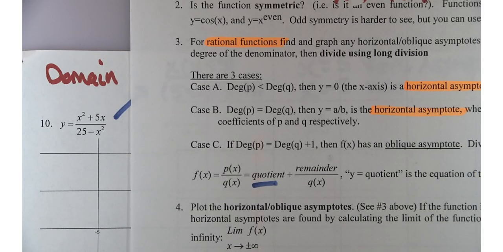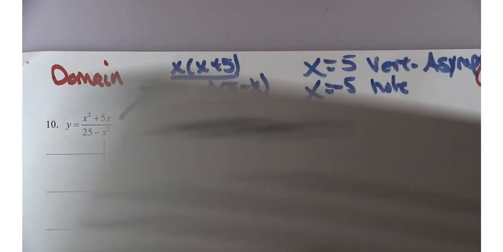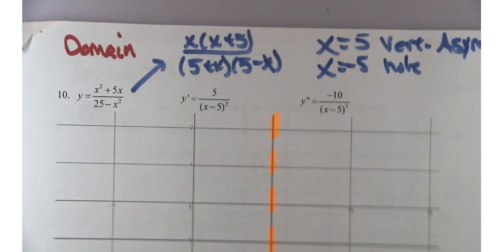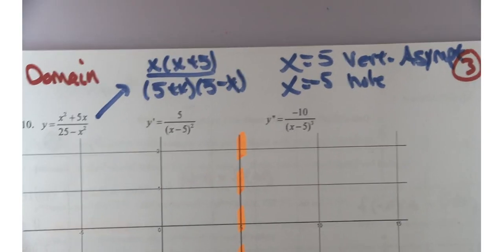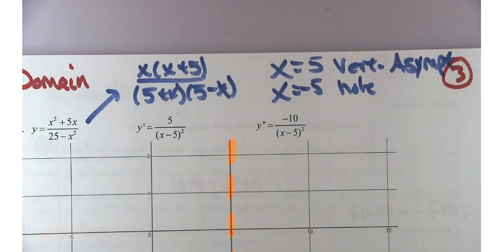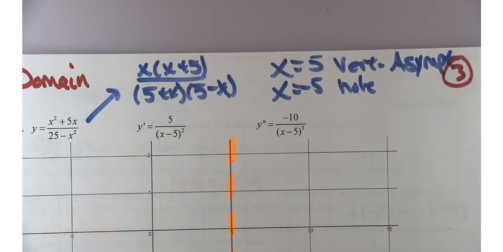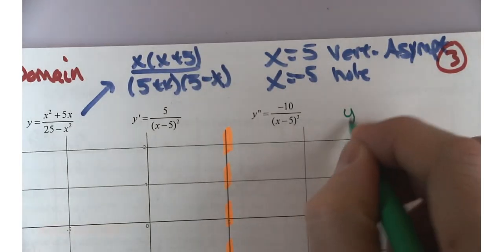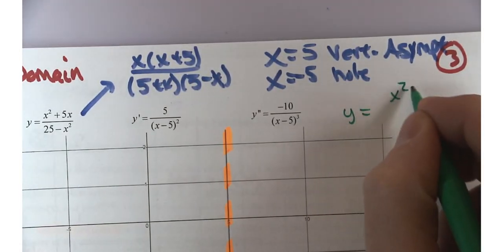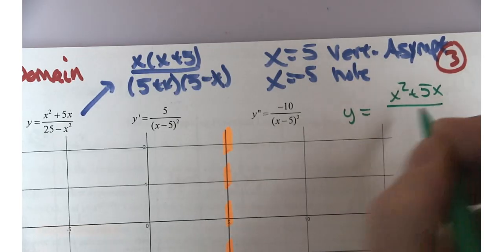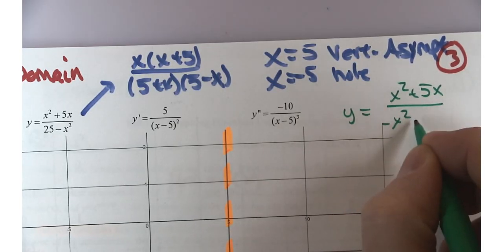Which case am I dealing with? A, B, or C? B. Yeah. So it's case B. Now, let me rewrite our equation one more time, over here, as y equals x squared plus 5x over -x squared plus 25.